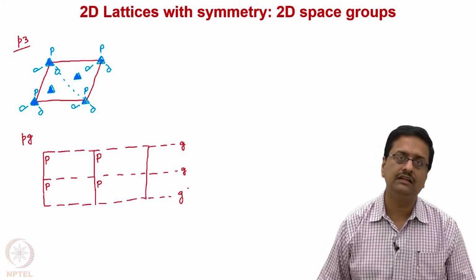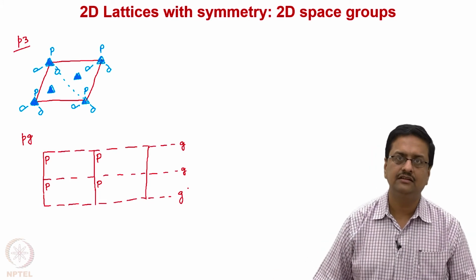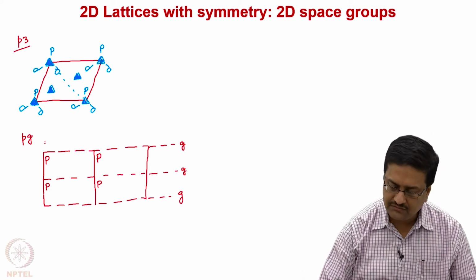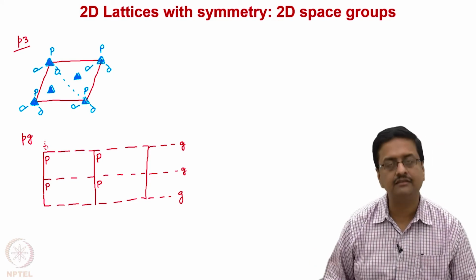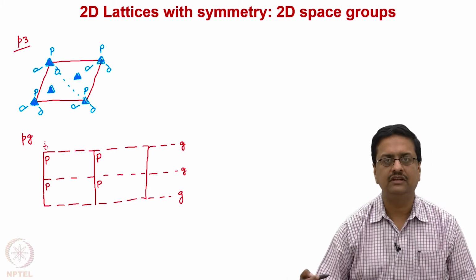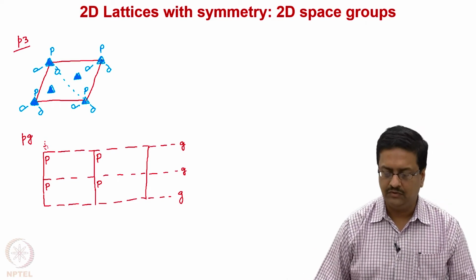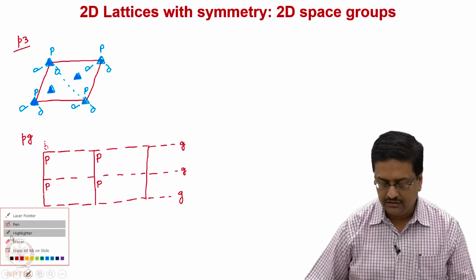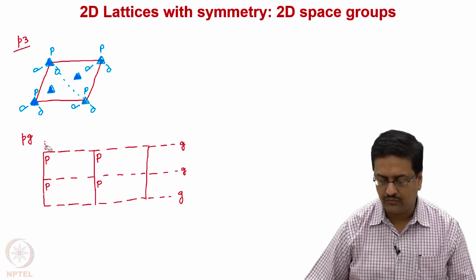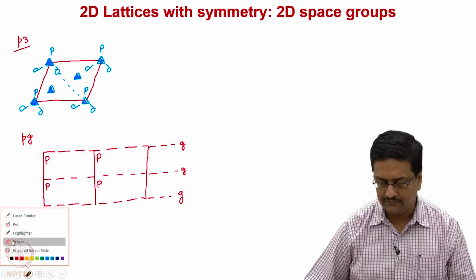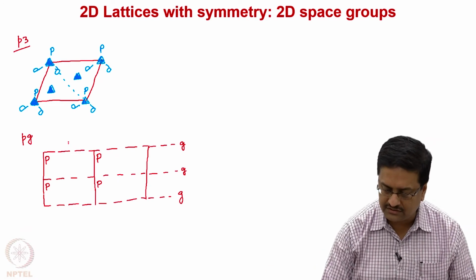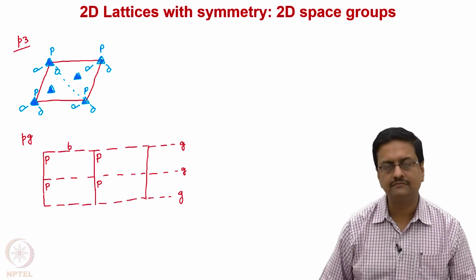A glide plane means you do a reflection followed by translation. So if I was going to just reflect it, it would have appeared here. So that means it is just a mirror. But no, I don't want only a mirror, rather I want it to be translated as well. So when we do a reflection followed by half translation, the object comes here.